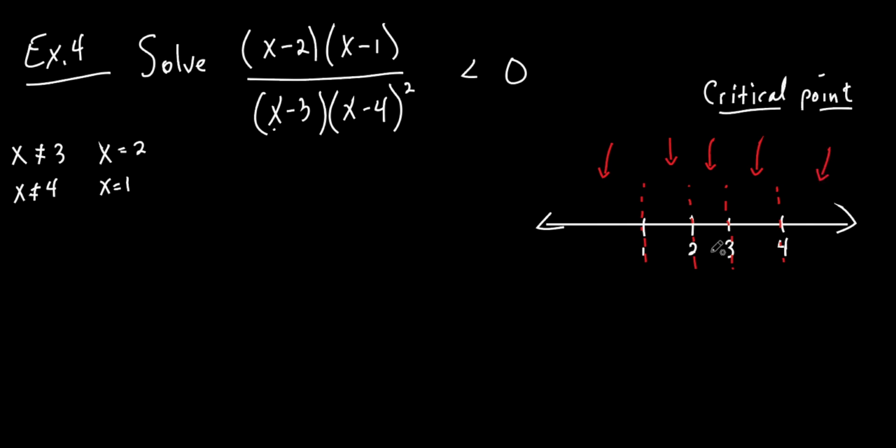So I got 1, 2, 3, 4, 5 different places that I want to see what makes this thing. And what are we trying to do? We're trying to find all the x values that make this what? Less than 0. Which is what? What kind of a number is any number that's less than 0? It's a negative number, isn't it? Any number that's less than 0 is a negative number. Agreed? That's what we're trying to do.